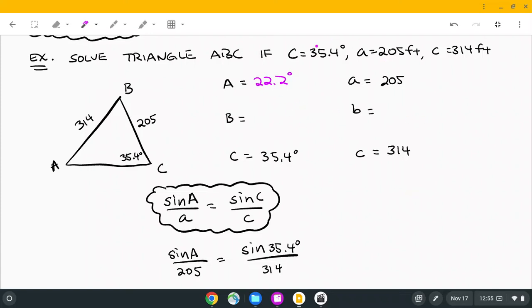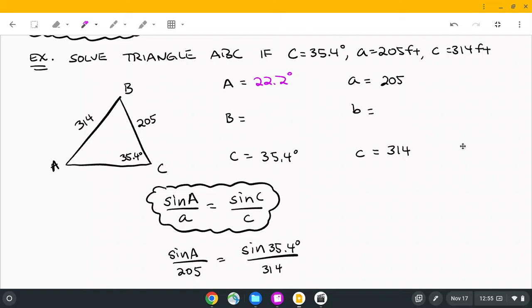Anything that's given, like here, a, c, and C, there's only going to be one answer for those because we're already told a is 205, C is 35.4 degrees, c is 314. We're given that. So there will not be another little a, little c, or angle C. Whatever is given, that's it. But the other things that are missing will have two other values if there are two triangles.